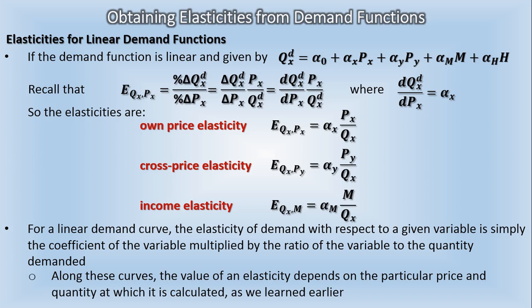Along these curves, the value of an elasticity depends on the particular price and quantity at which it is calculated, as we learned earlier. So again, our elasticities will change as we are moving along our demand curve, and the price of the related good relationship, as well as the income to quantity demanded relationships.